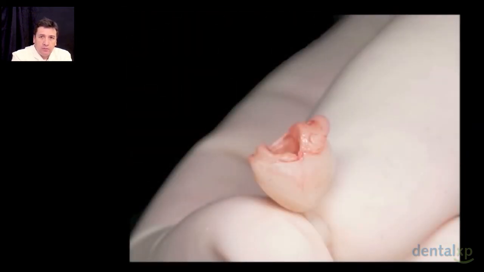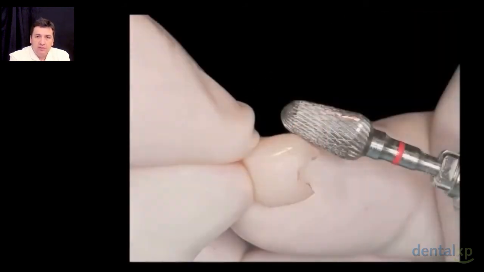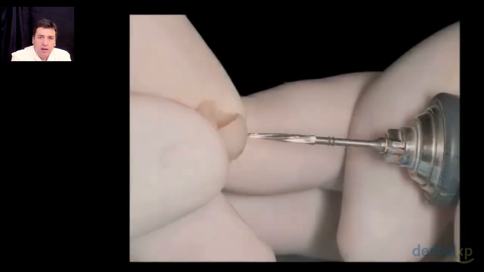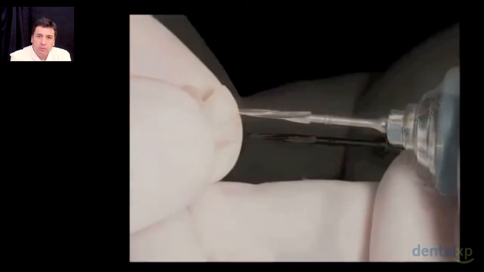Once we fill with the filling material, we have to be very careful to give the correct anatomy to that crown. Even though it's temporary, it should be the best anatomy that we could perform for our patients. We trim it in a proper way to eliminate any inadequate anatomy and to give a smooth surface.